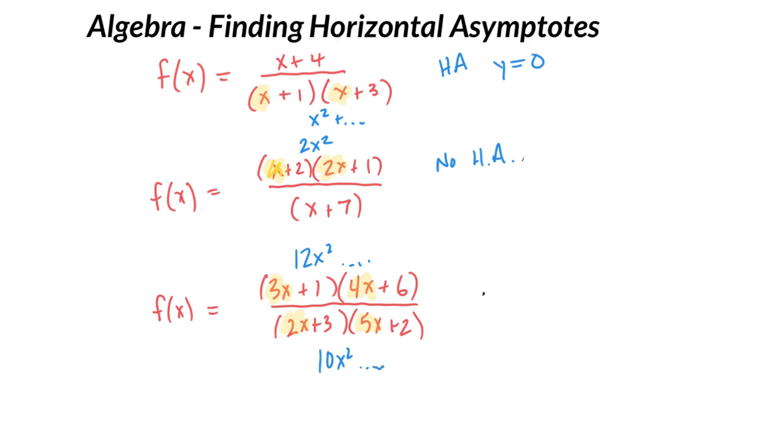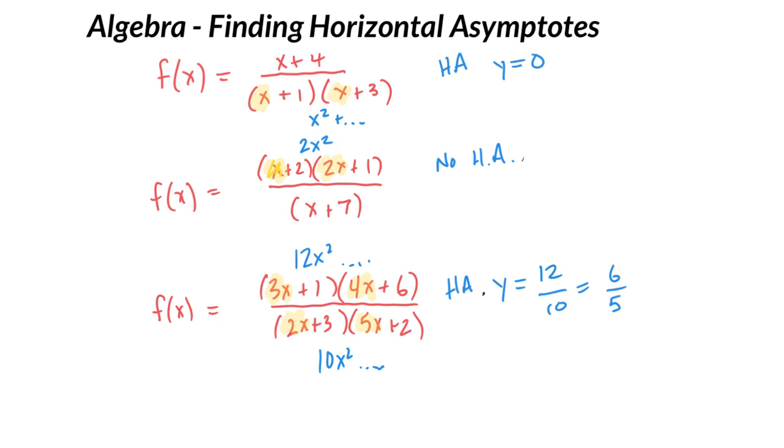Well, then the asymptote is, because we have a tie, we're going to say it's the coefficients, 12 over 10, which reduces to 6 over 5. And in this case, it's because the top and bottom are growing at roughly the same rate. The only difference is the top has a slightly larger multiplier. So even though they're growing at essentially the same rate with that x squared, we do want to denote with the 6 over 5 that the top has this larger multiplier.